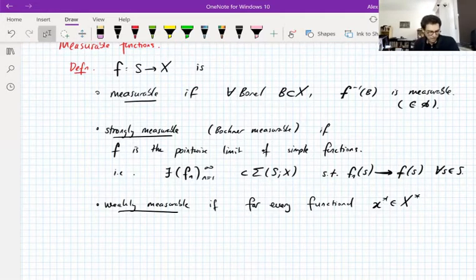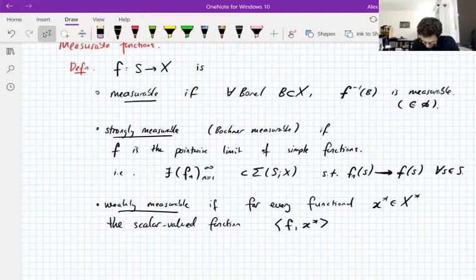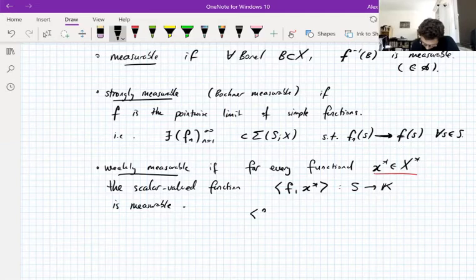Weakly measurable means for every functional, the scalar valued function, which is denoted by bracket f, x star, I'll say in a minute what that is, but you can probably guess. This scalar valued function has to be measurable for every functional x star. This function is defined as follows.